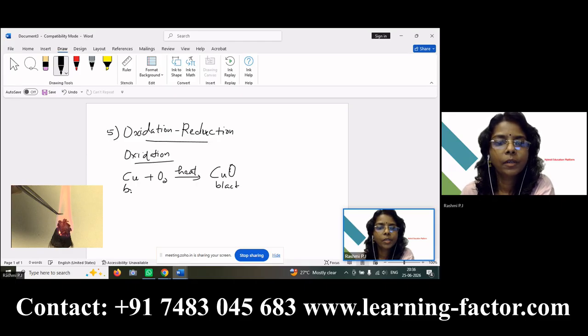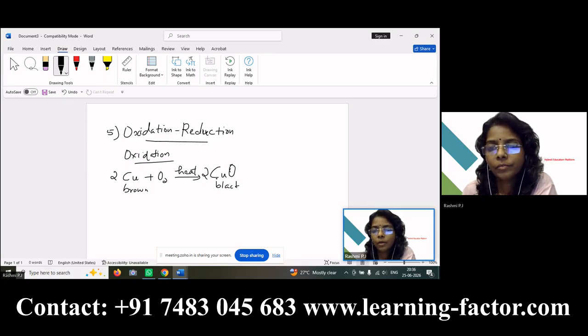Copper is brown in color, and when it is heated in presence of oxygen, we get black copper oxide. So in this reaction, we can see copper gains oxygen. So here copper undergoes oxidation reaction.